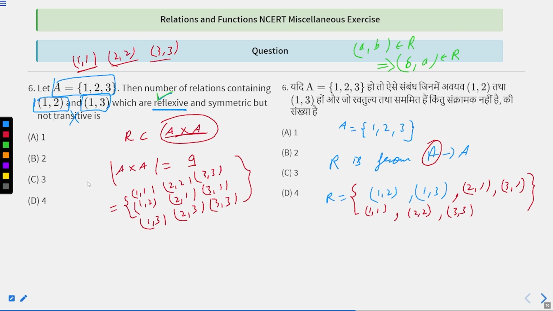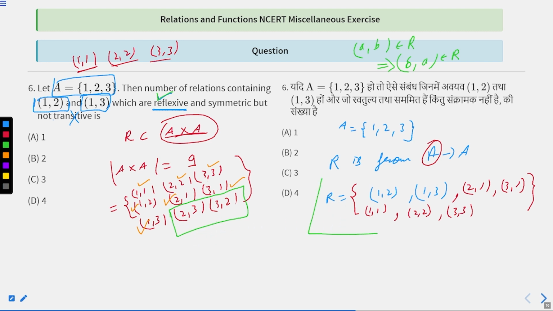As you can see, we used the elements 1, 2, 1, 3 and 3, 1, and also 2, 1, and so the only elements remaining are these, 2, 3 and 3, 2.